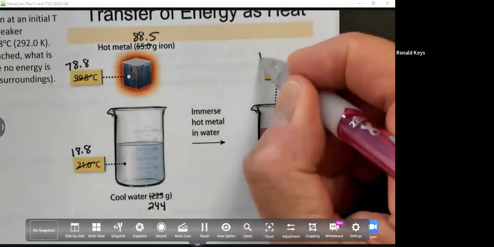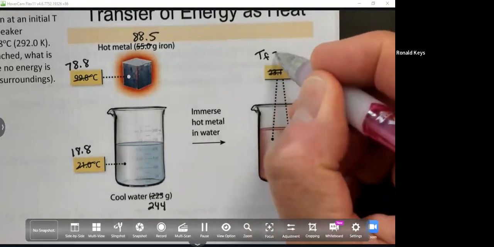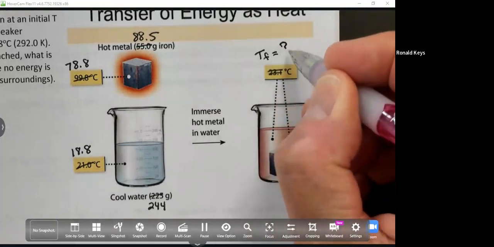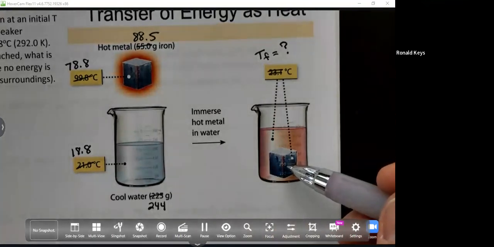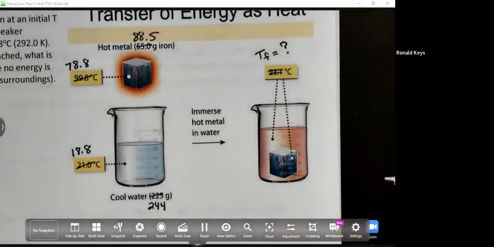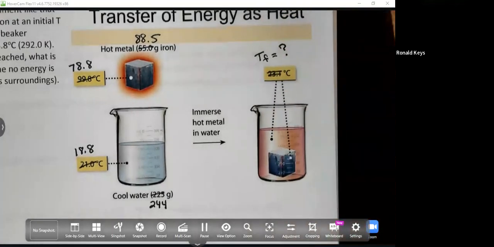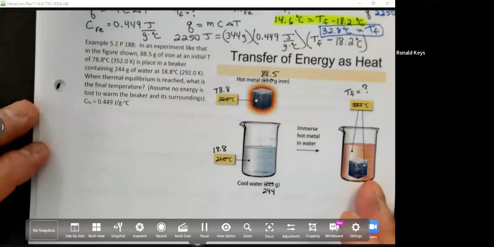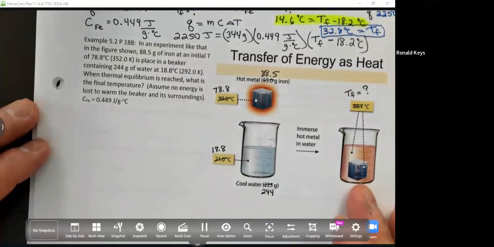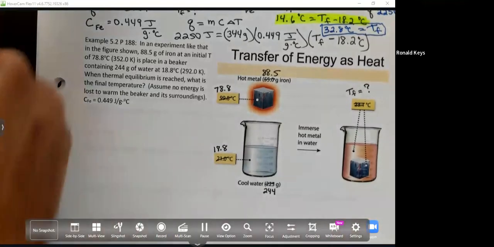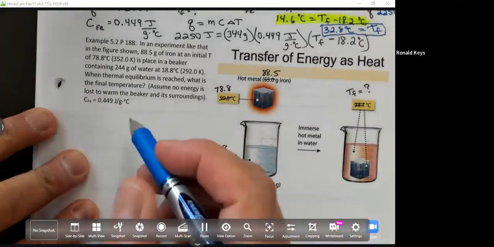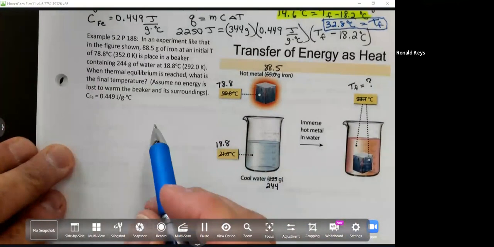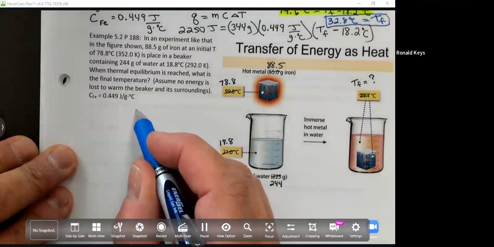We're looking for T final, and that's going to be the same for the water and the metal, right? Thermal equilibrium. Now, here's how you want to set this up. This is not the way the textbook does it. You want to divide this into two columns.